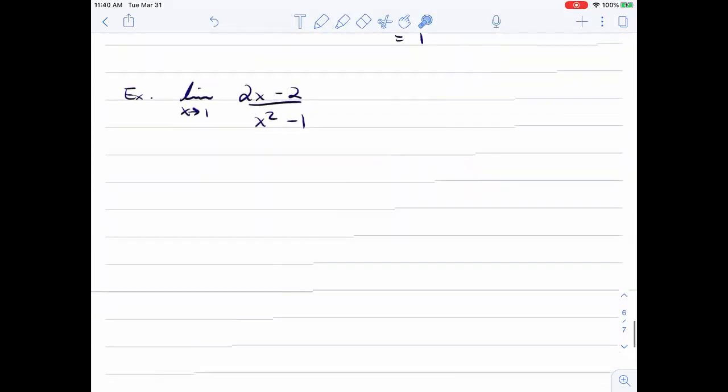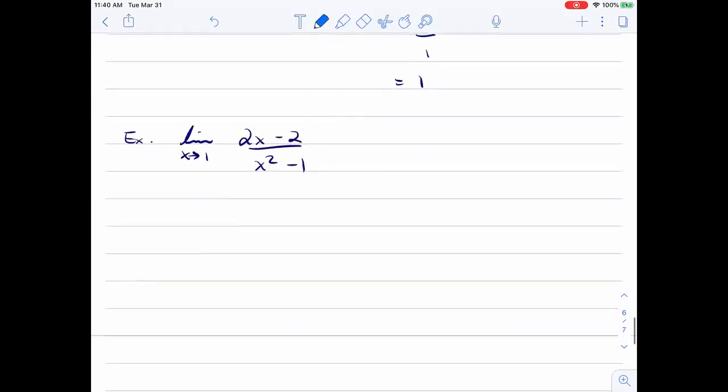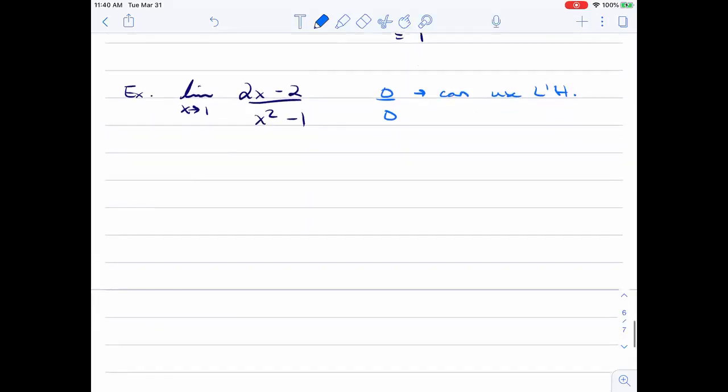But we also said that this looks like 0 over 0, which means we can use L'Hopital's. I'll just do L'H shorthand.